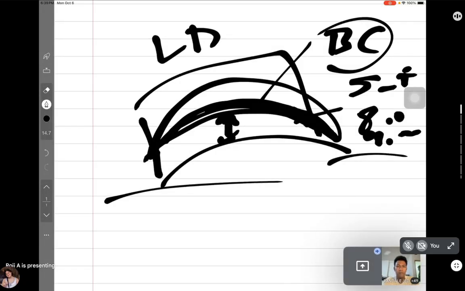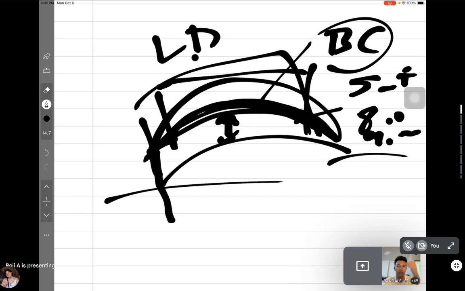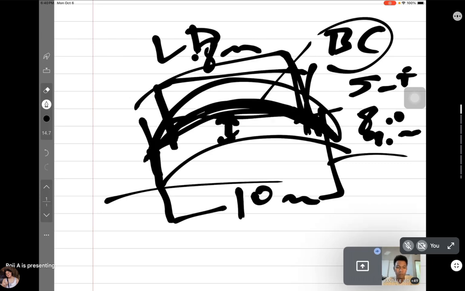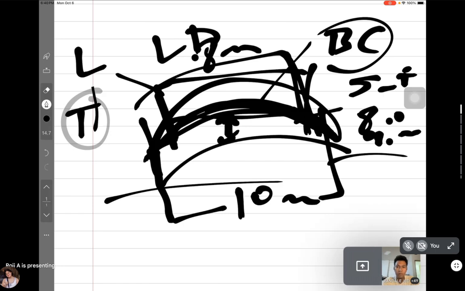If I want to make it loose, I would reduce the lens diameter. If this was originally a 10, I will make it into 8. It will create a loose fit, from tight to loose.